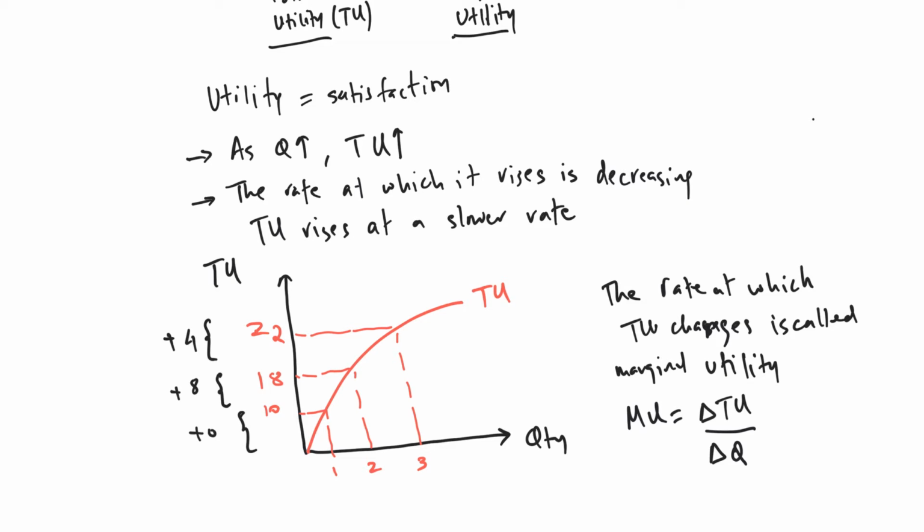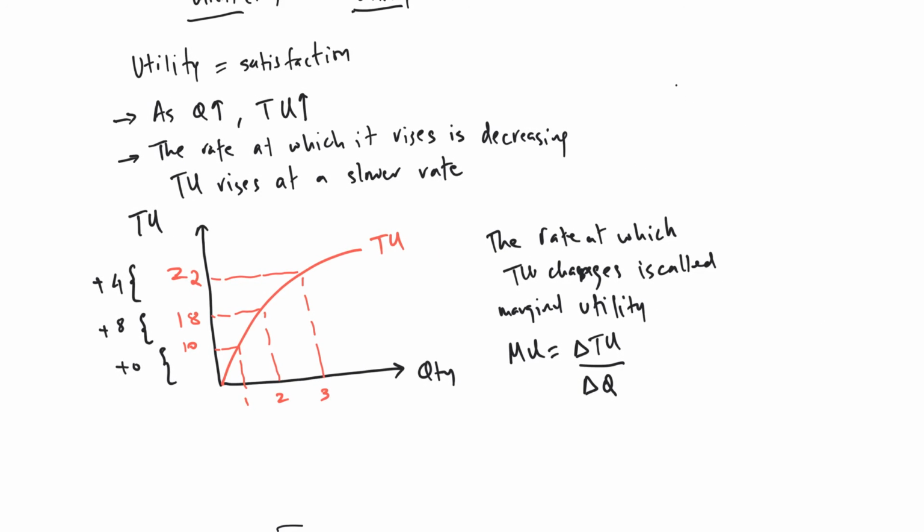In other words, we say this, that the marginal utility is the extra utility from an additional unit.